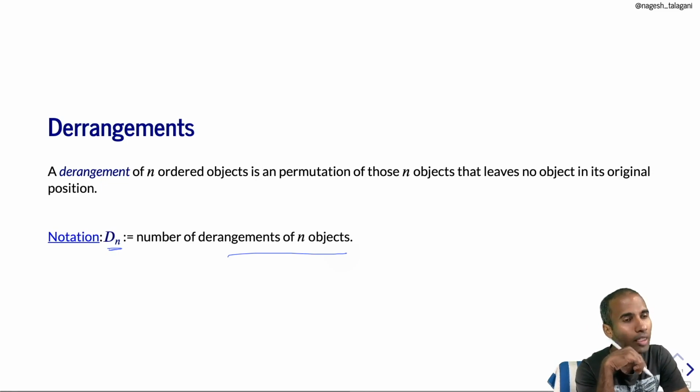Actually, in the previous problem, we were interested in D30, because distributing response sheets in a way so that no one receives their own response sheet is nothing but a derangement of 30 objects. Now let's try to see the general formula for Dn so that we can easily compute D30.